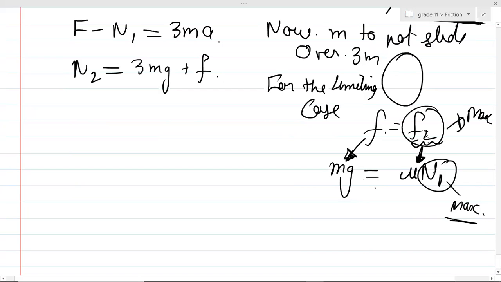So N1 will be equal to mg divided by mu, and this will be the maximum value.